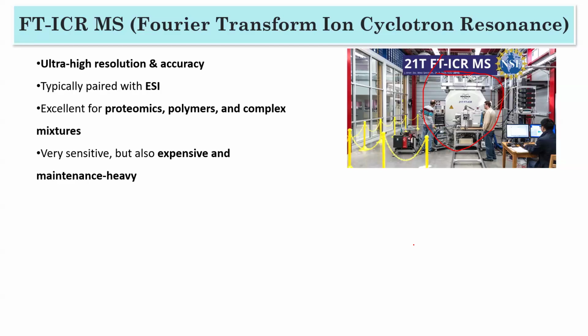And for the superconducting material to produce a high magnetic field, you need liquid helium and liquid nitrogen around it. It is the same way in FTICR also. You need liquid helium and liquid nitrogen. You generate a very high magnetic field, and that's why the size becomes big.